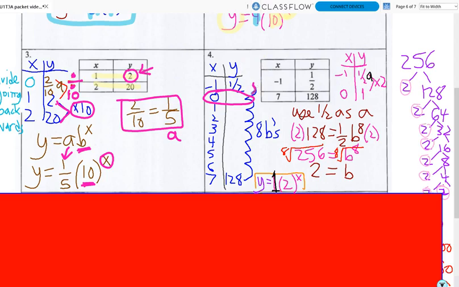It looks like I am multiplying 8 times. 1, 2, 3, 4, 5, 6, 7, 8 times to get from -1 to 7. So I have 8 B values. If I have 8 B values, that represents this exponent.